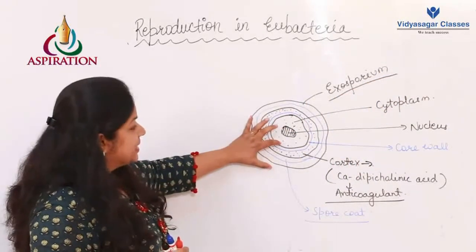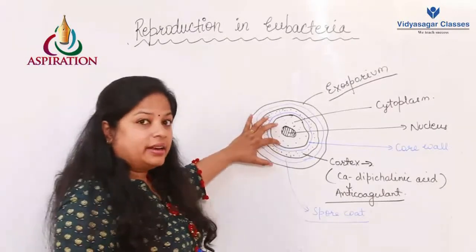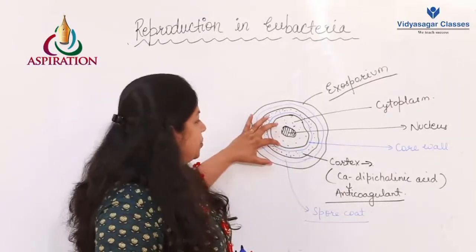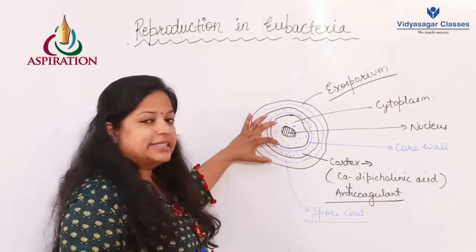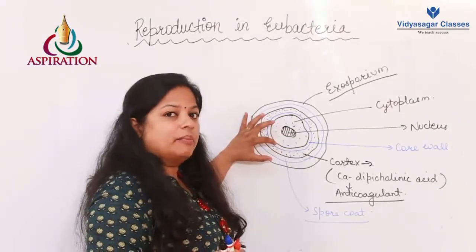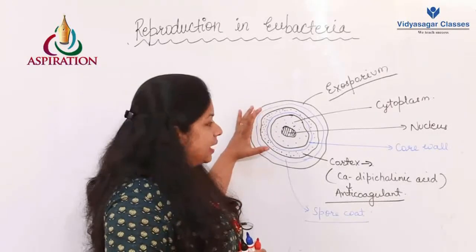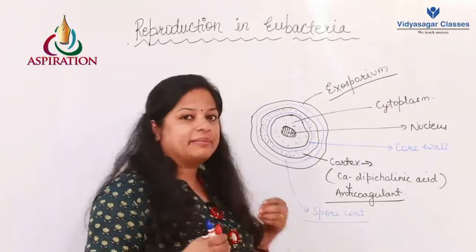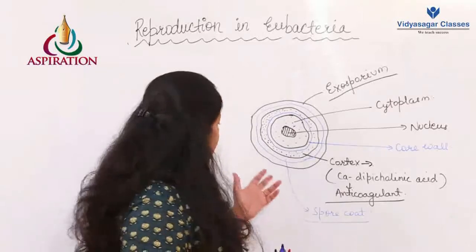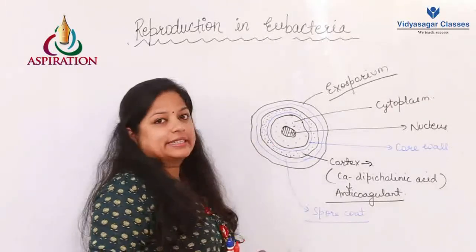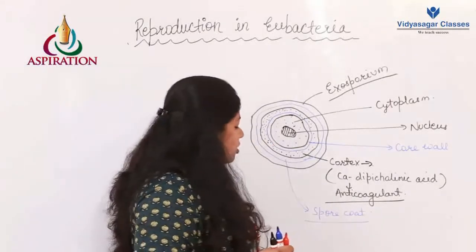Due to this thick wall, it can survive through harsh conditions like temperature from -100 degrees C to +100 degrees C, the presence of some harsh chemicals in the environment, and desiccation, that is unavailability of water.